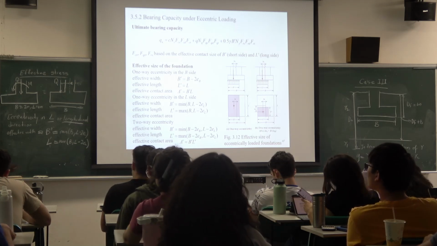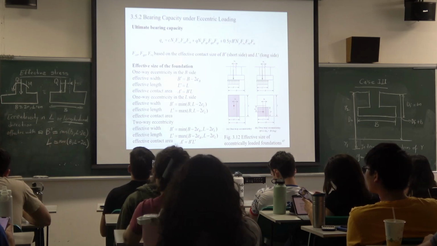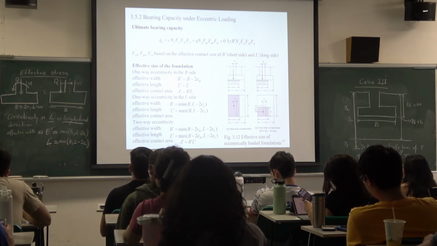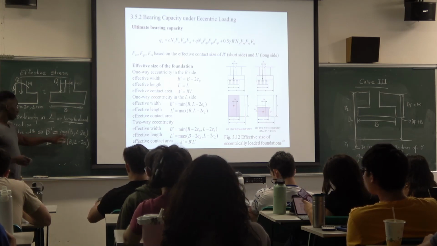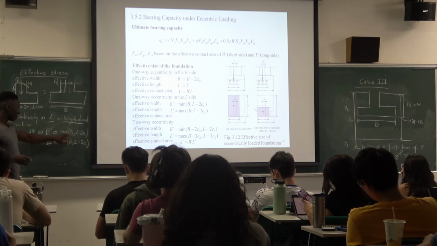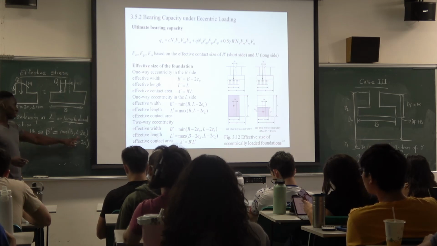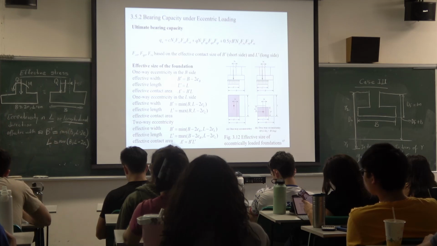And the reason why they write minimum or maximum is quite straightforward to understand if you think about it. For example, if I calculate the L value, it may be smaller than the B value now. So which one is the width, which one is the length?